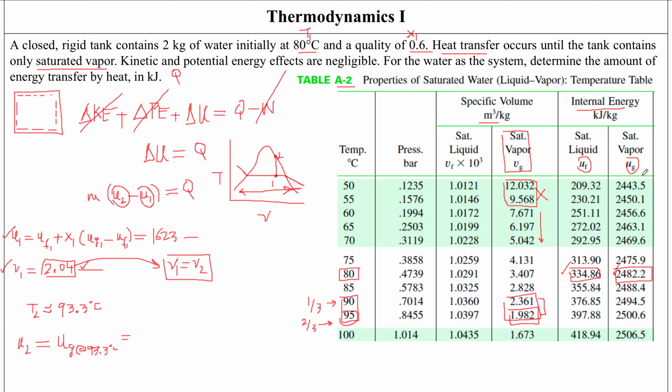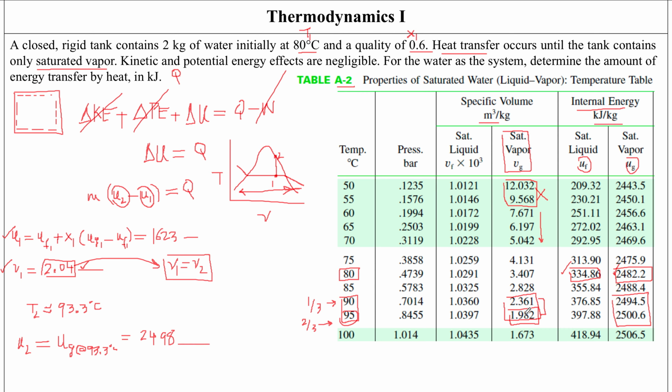You would have to go into this column, and you look at these two values. You don't have 93.3 in here, so you use interpolation and find a value that is in the middle of these two. So let's say you apply interpolation, go and do that yourself, and let's say you get the answer as 2498 kilojoules per kilogram. Okay, that's the unit over here.